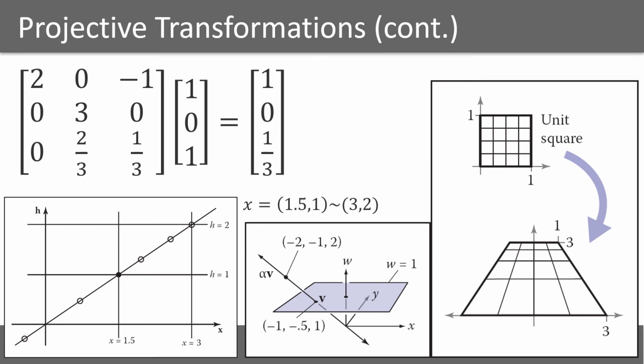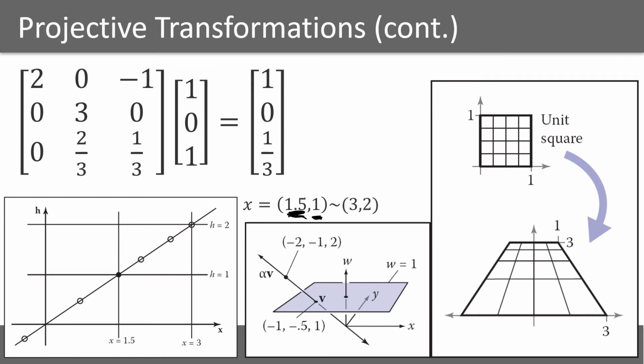We can understand them in the following geometric way. Let's assume that we have a one-dimensional value x equal to 1.5. In homogeneous coordinates, that will be 1.5 and 1.